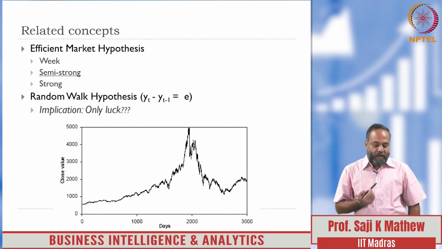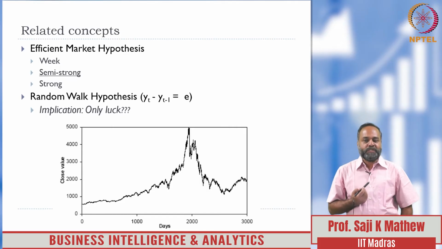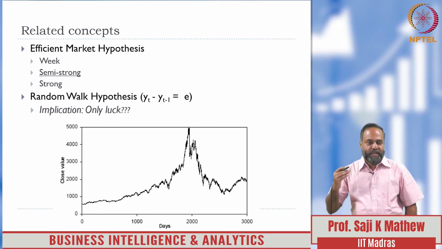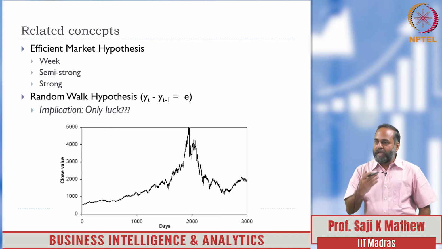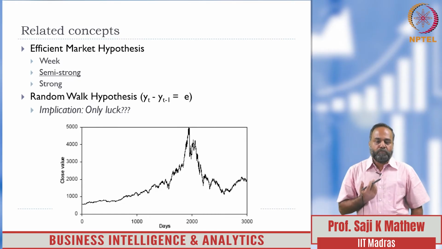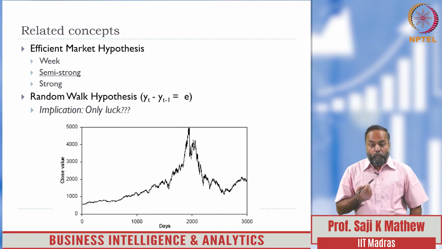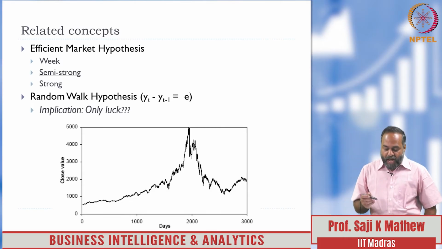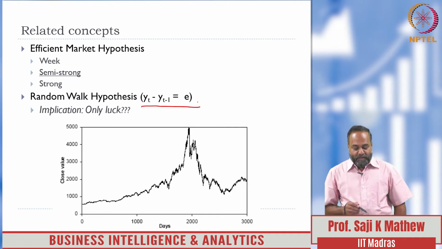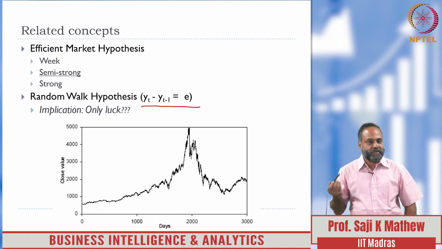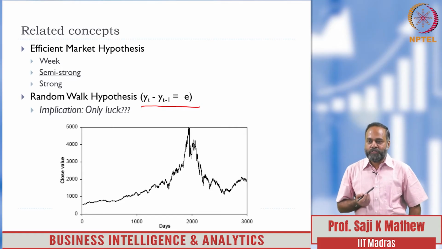So the random walk hypothesis would suggest that stock prices move in a random way, and therefore there is no regularity in the time series, and therefore it is not a good idea to model it, because you are trying to model randomness. So that is another argument: Y_t, today's price minus yesterday's price, is noise. There is no regularity there.